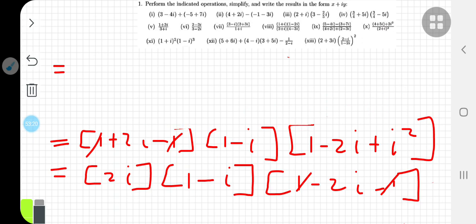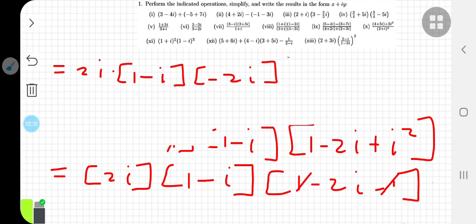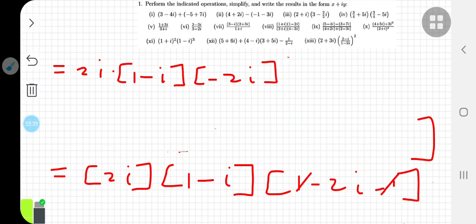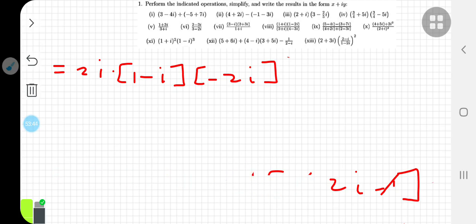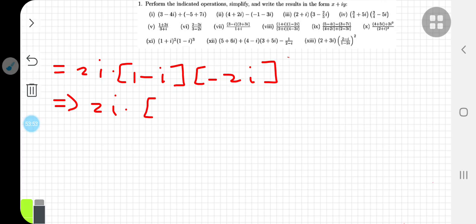From here, I'm having 2i multiplying with 1 minus i there. And this is also multiplying with what? Negative 2i. From here, I'm going to have 2i there. Then this, when I multiply, I'm going to have negative 2i plus 2i squared.